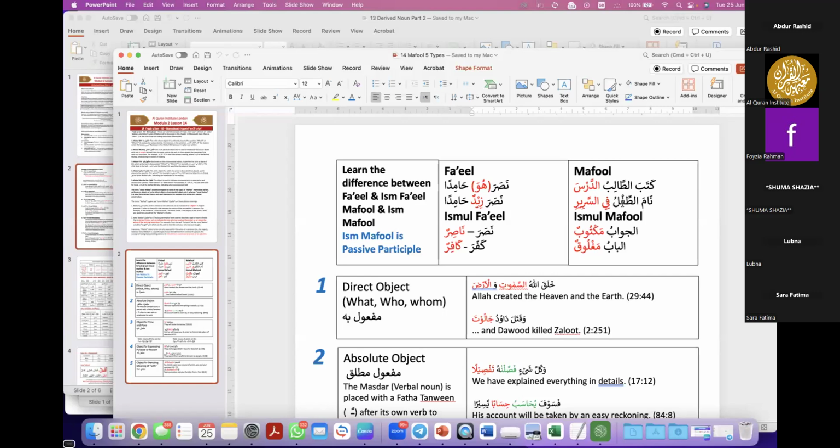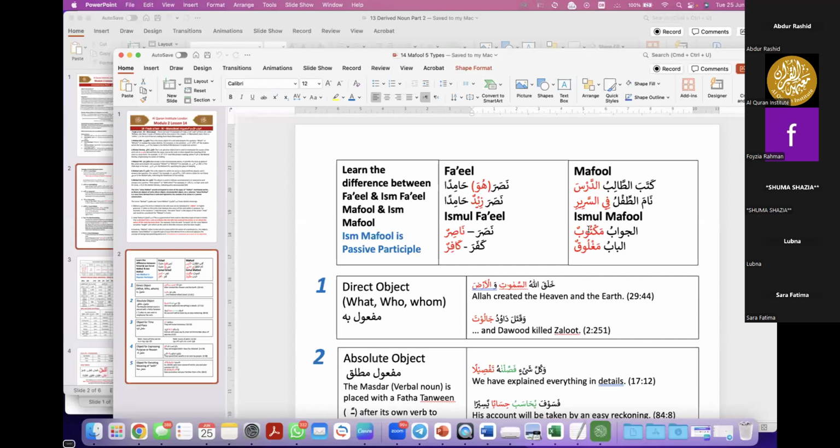Where did he sleep? Ismul maf'ul: al-babu maghlaqun, the door is closed, from ghalaqa. Maktubun from kataba. Think about it from time to time. You may get confused, but inshallah, it should be okay.